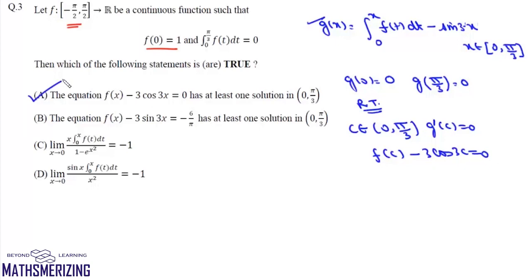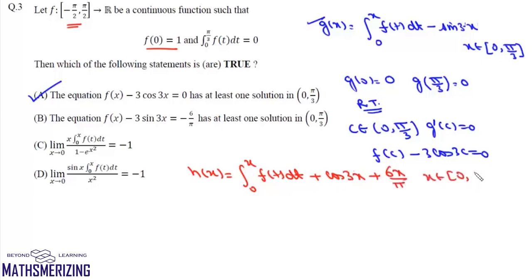Now for this option B, again we'll assume a function, and let this function be h(x), which is this integral from 0 to x of f(t) dt plus cos 3t plus 6x upon pi in the interval 0 to pi by 3.